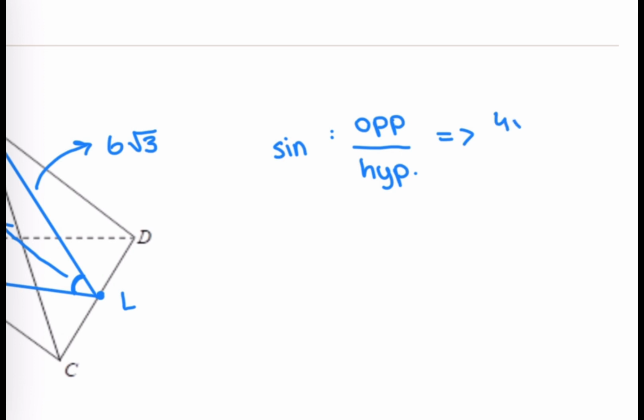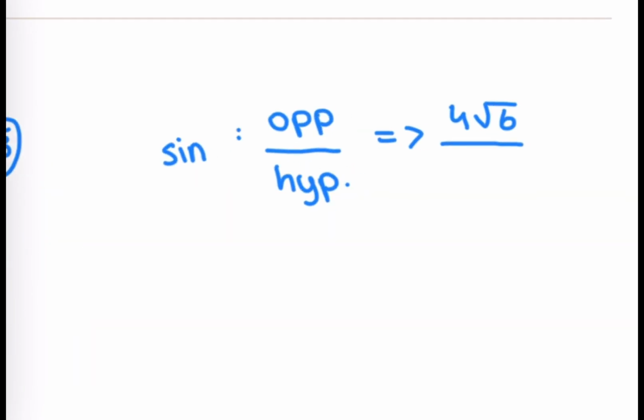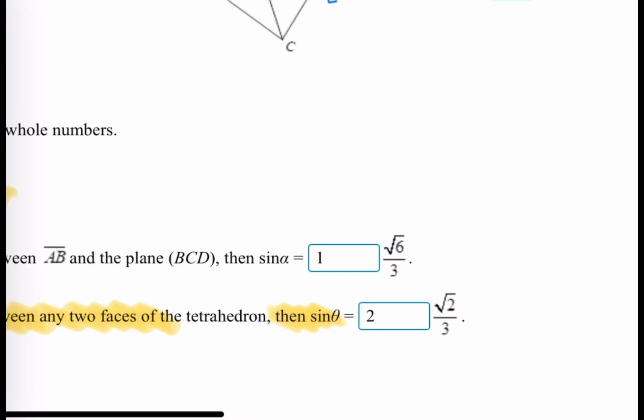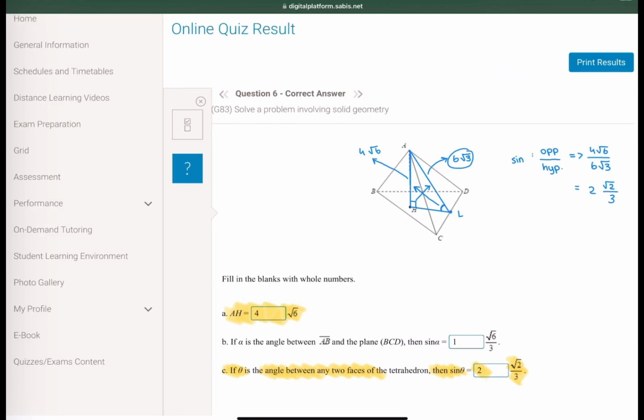So 4 radical 6 over the hypotenuse, which is opposite to the right angle, 6 radical 3. And then you're gonna end up getting 2 radical 2 over 3, and they already gave you radical 2 over 3, so you just put in 2.